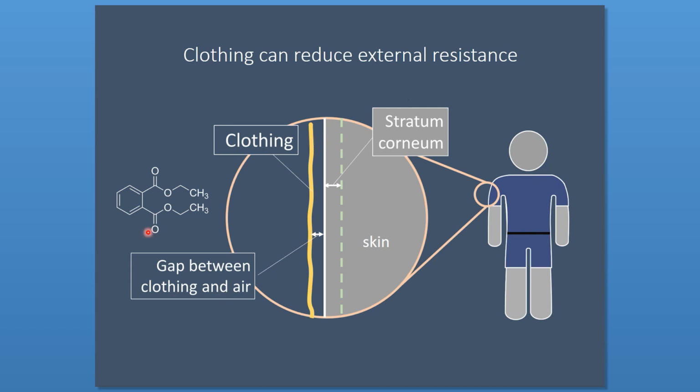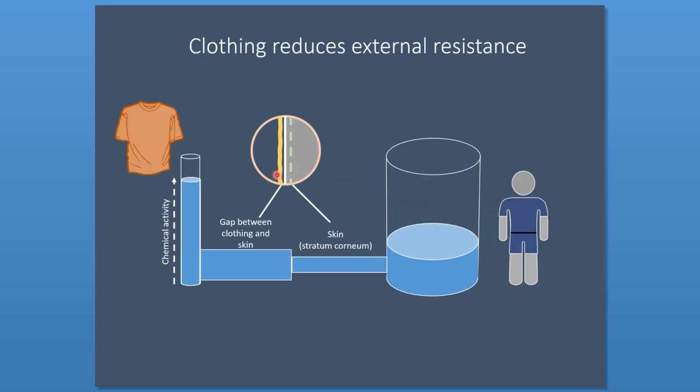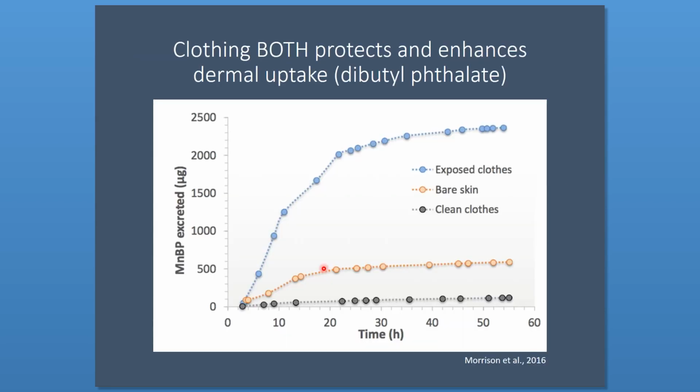This gap is really important. As the gap gets smaller and smaller, this pipe actually gets bigger and bigger, and so the resistance to uptake goes way down, and you have higher flow through this pipe to us. And that is why we see a much greater uptake from the exposed clothing than from air to bare skin.